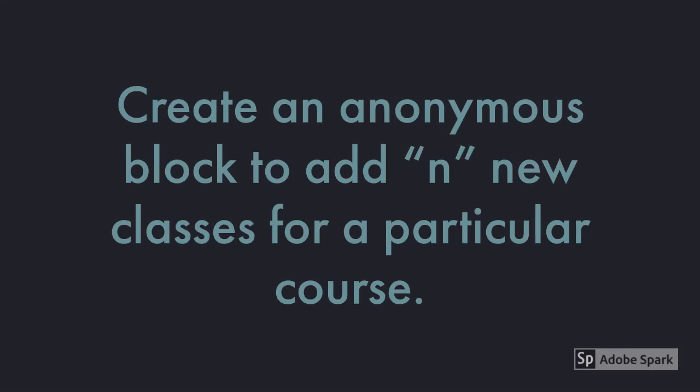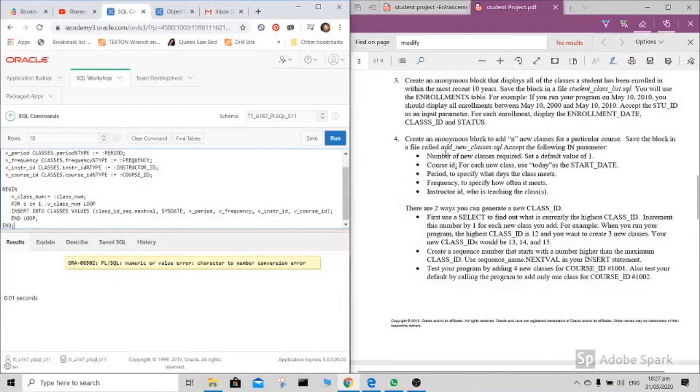The following anonymous block adds n new classes for a particular course. It accepts the following in parameters: number of new classes required, with a default value of 1; course ID for each new class; today's date as the start date; period to specify what days the class meets; frequency to specify how often it meets; and instructor ID to show who is teaching the class. So let's run the code.